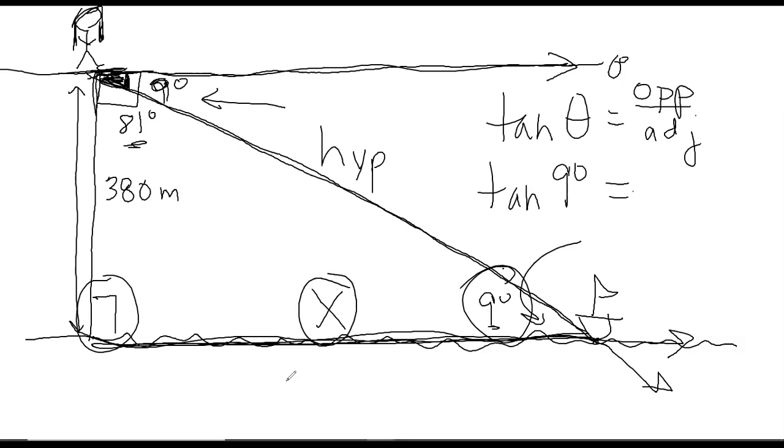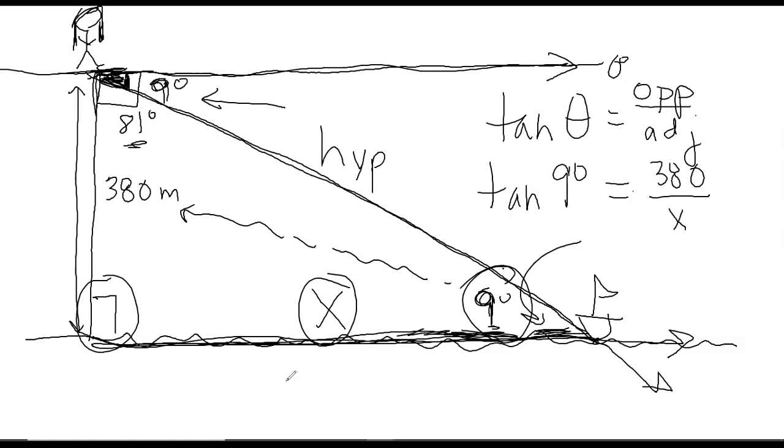We need to know x. That's not opposite. What's opposite the 9 degrees is our 380. And the adjacent, the side closest and touching the angle we're talking about, is x.